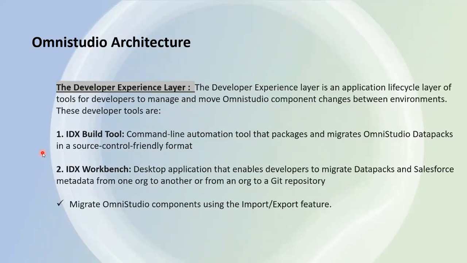Some might use AutoRabbit, some might use another migration tool, we have different tools, right? So based on that, they'll deploy, but we are going to learn the core structure of the deployment process. And there is one more deployment process, which is manual deployment for OmniStudio, that also we are going to see in real time. So this is the architecture.